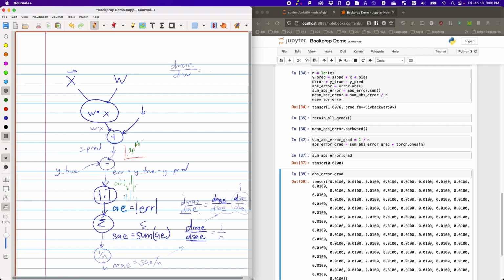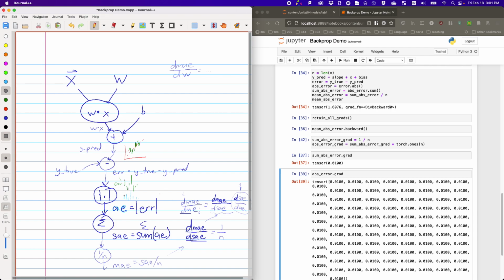So this gradient was 1/n. This gradient is negative 1/n. So when we went through that absolute value function, that flips the signs of any ones where the error was negative.